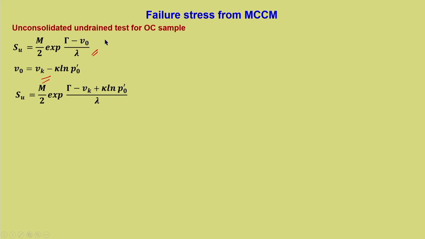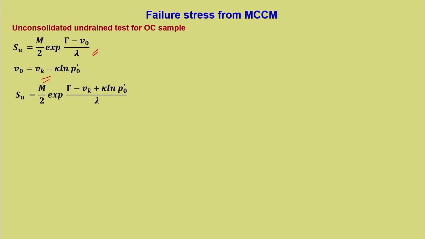Now, the same exercise for OC sample: Su is equal to m by 2 exp gamma minus V naught by lambda. V naught is equal to V kappa minus kappa ln P naught dash, because this is an unloading reloading case.